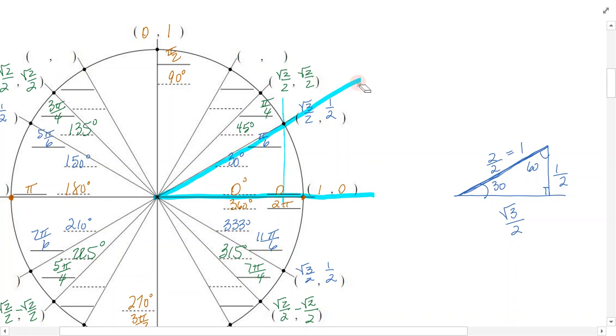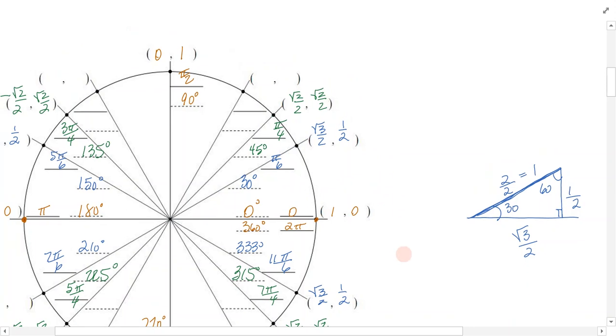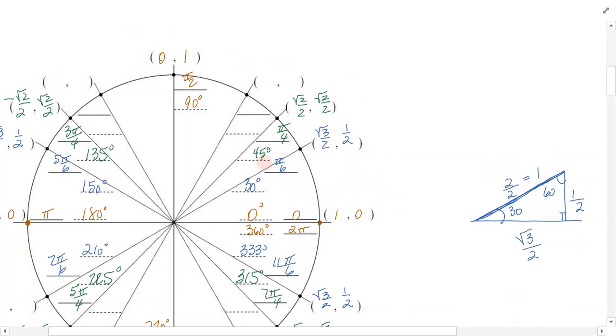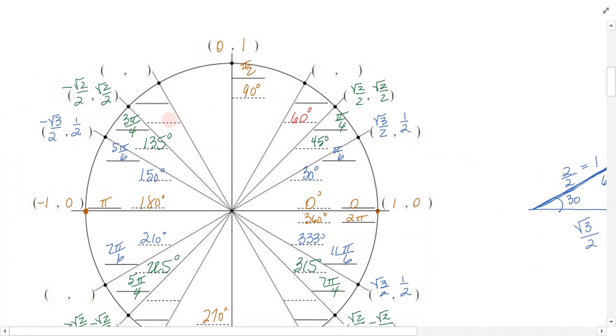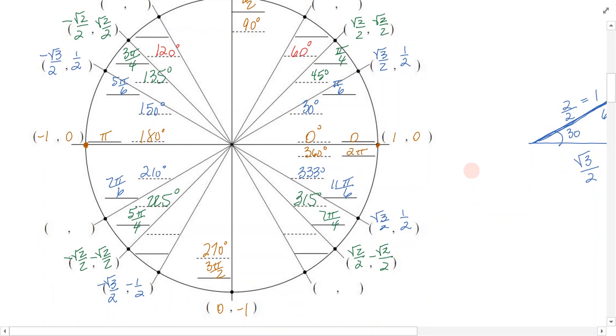The last set that we want to talk about is, now that I have 30 and 45, I now want to address the 60-degree angle that we have here. So 60 degrees in the first quadrant is going to give me 180 minus 60, which is 120 for the second quadrant.